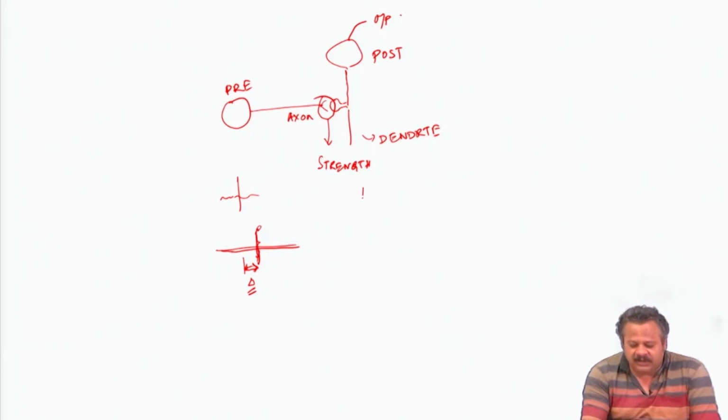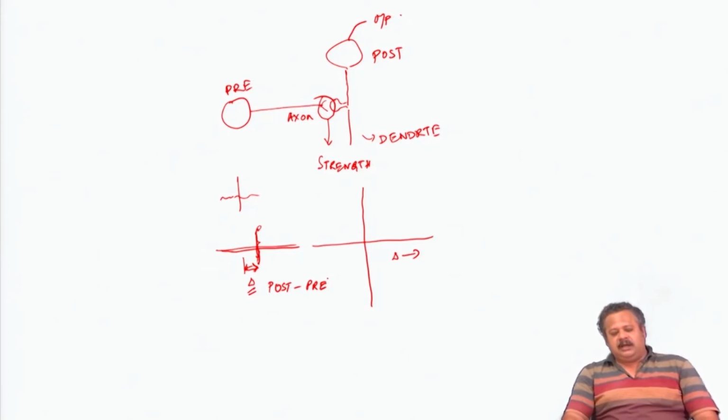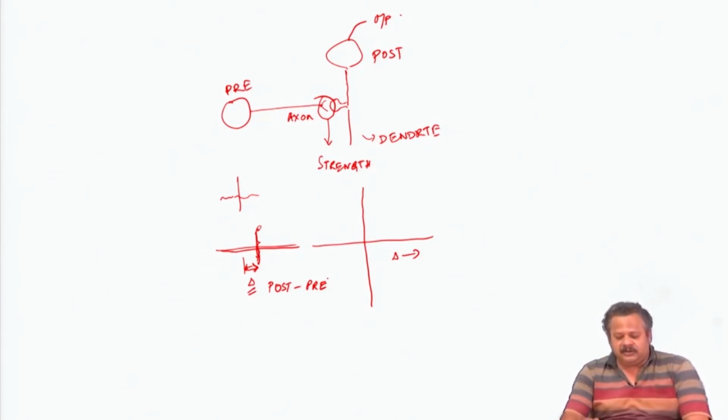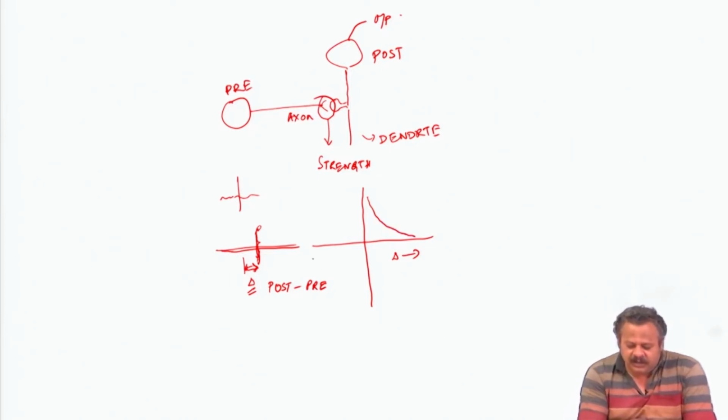And so the general Hebbian plasticity rule that we have is that if this axis is delta, which is post minus pre, that is positive, meaning the post is larger than pre, that is, the postsynaptic neuron spike occurs after the presynaptic neuron spike, then we have a potentiation, and otherwise we have a depression when delta is negative.